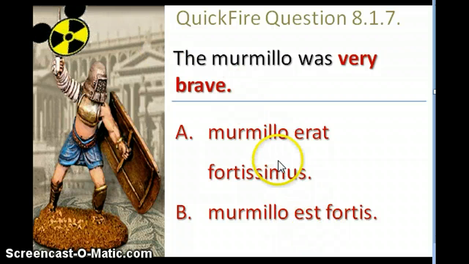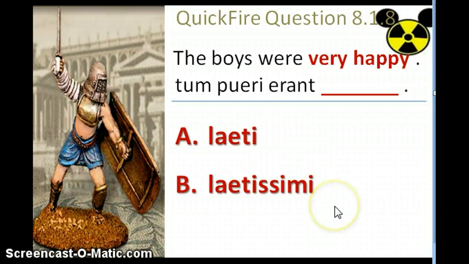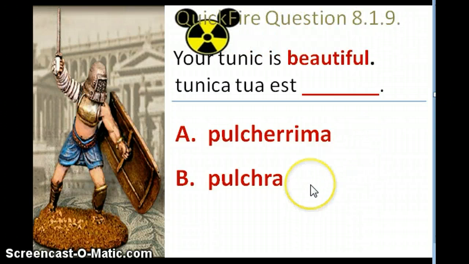A positive superlative connection, and a positive superlative connection.